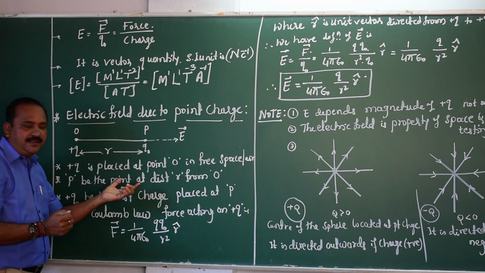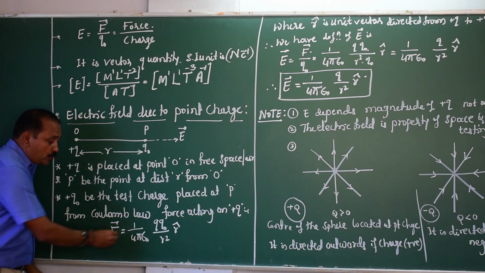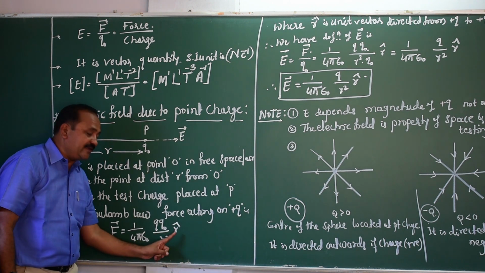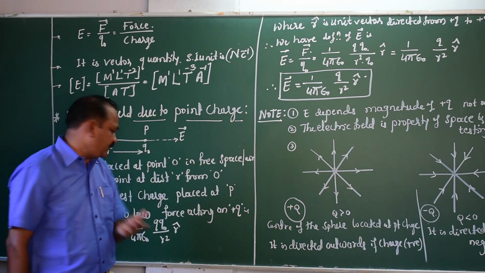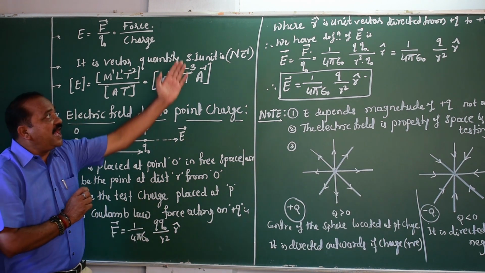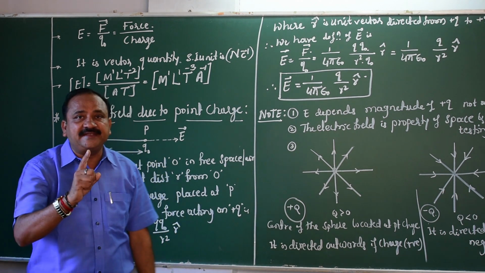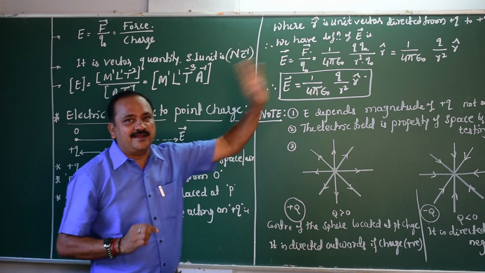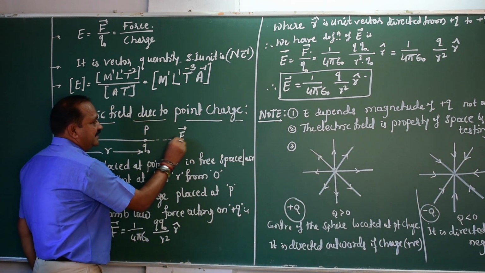According to Coulomb's law, F equal to 1 divided by 4 pi epsilon naught, Q Q naught divided by R square, times r cap, where r cap is the unit vector in vector form, directed from plus Q to Q naught, in this particular direction.